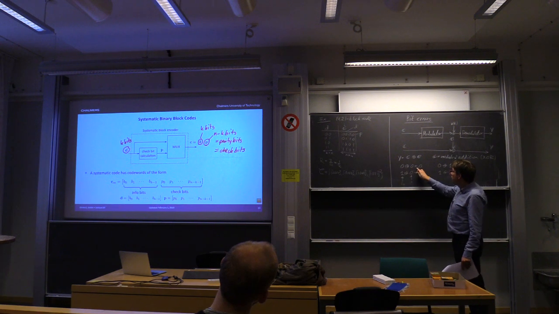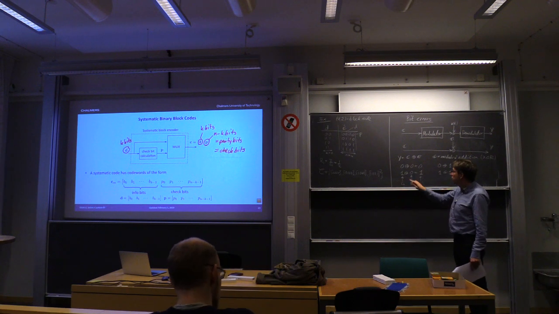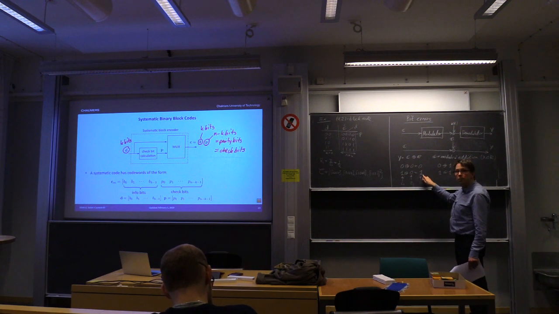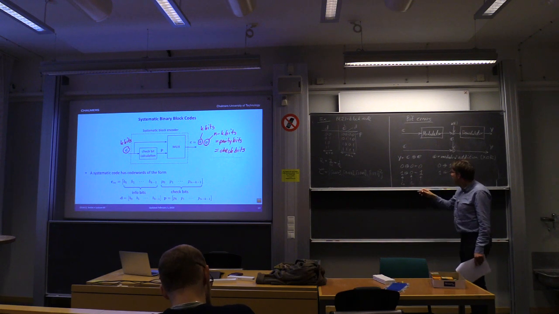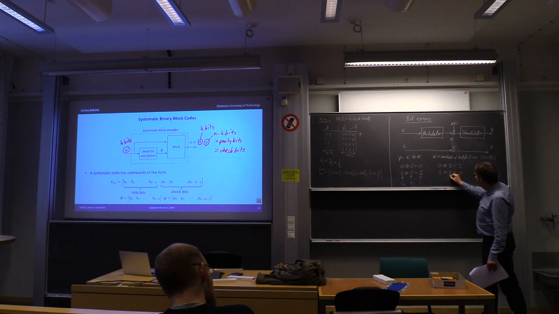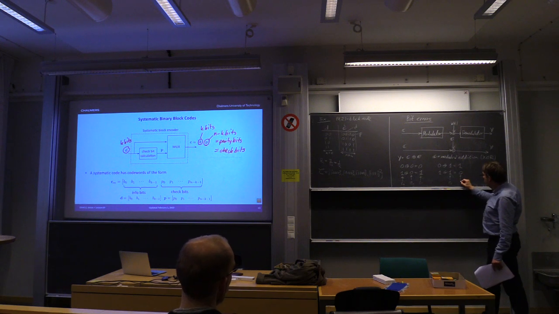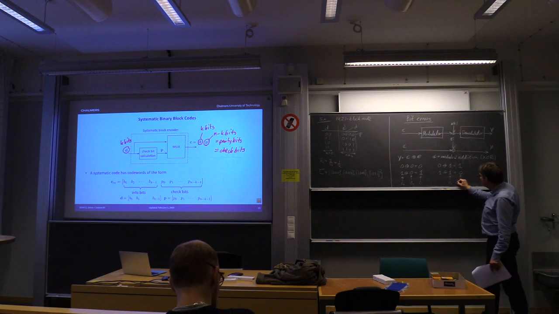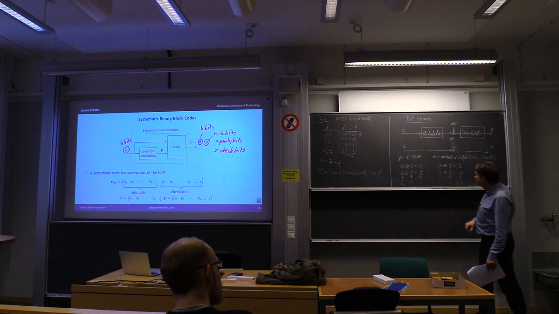So 0 plus 0 becomes 0, and 1 plus 0 is 1. So this is equal to C0 in both cases. So when the error pattern is 0, no error. However, when the error pattern is 1, we make an error. So this is not equal to C0.